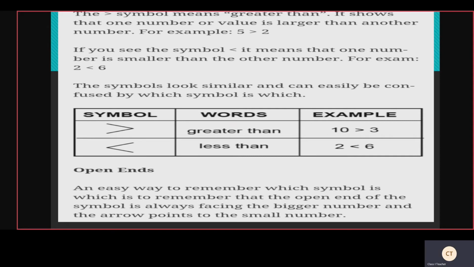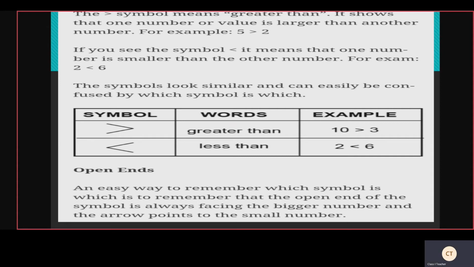Next one, open ends. An easy way to remember which symbol is which is to remember that the open end of the symbol is always facing the bigger number and the arrow points to the small number. Once again, children, fix in mind.